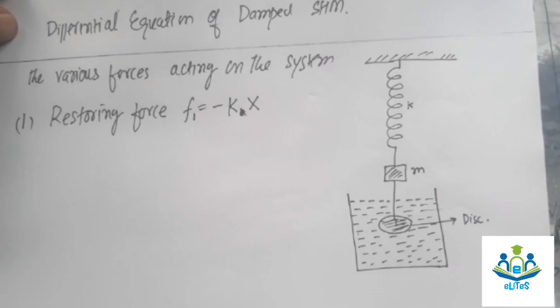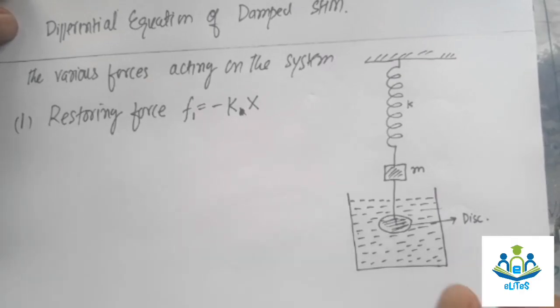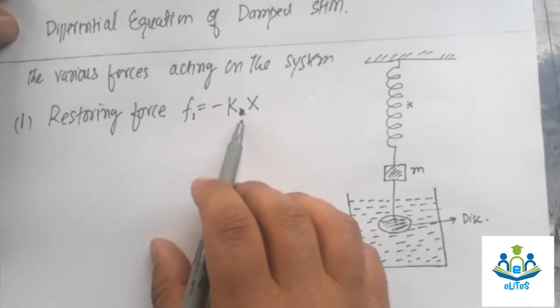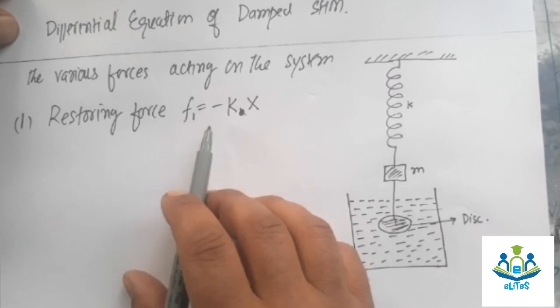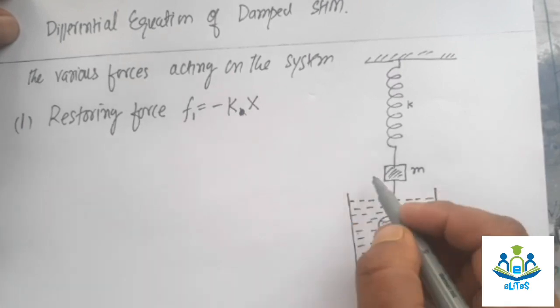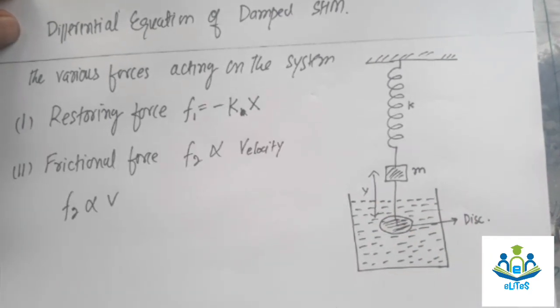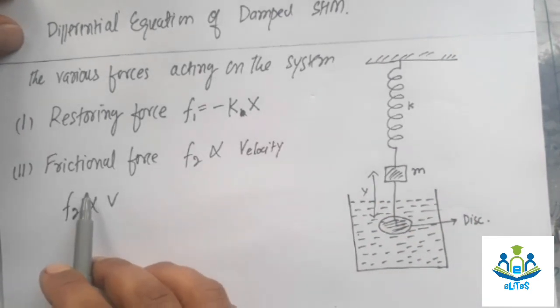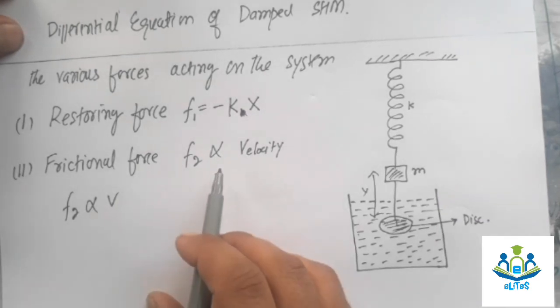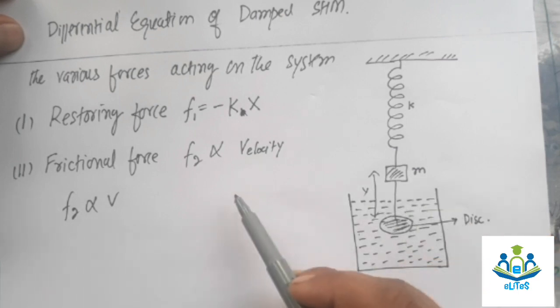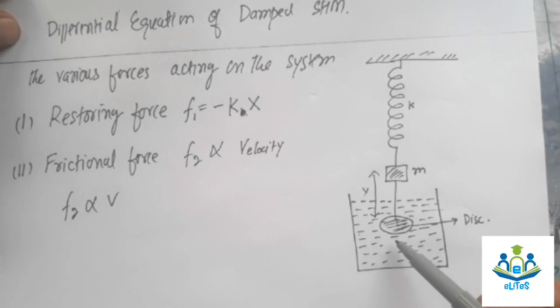Let's write these. The first force will be the restoring force. When it is oscillating, this restoring force will oppose the motion, minus kx, where k is the spring constant and x is the stretch produced in the spring. Another force is the frictional force, which is proportional to velocity. When it is moving faster with a high velocity, more viscous drag or opposing force will act on the disc and hence on the system.